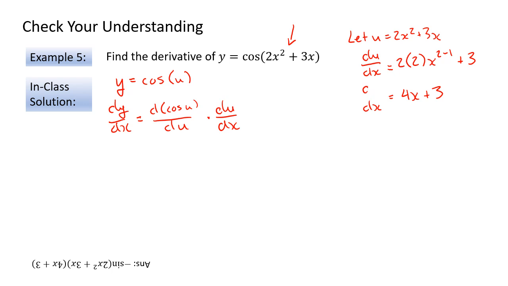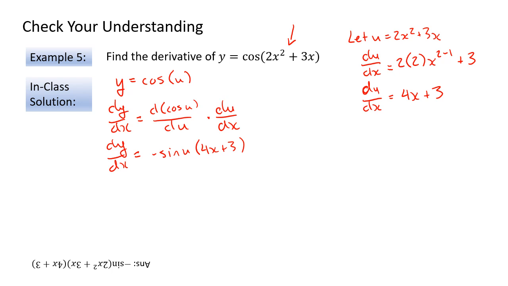So if I substitute this in, this should say du by dx. If I substitute those in, dy by dx is equal to the derivative of cosine, which is simply negative sine u. And we just calculated du by dx. It's 4x plus 3.